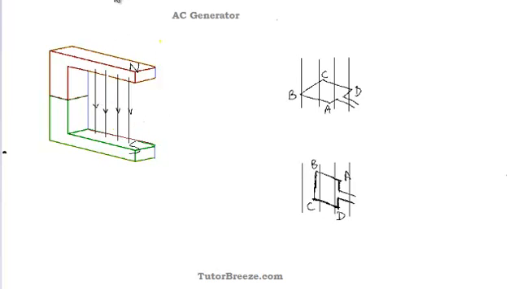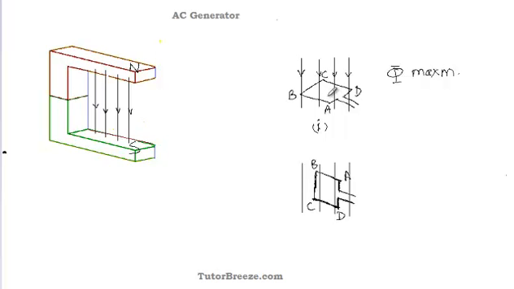Now we place a coil in this field, and say the coil is placed like this. This is the first position. If the coil is placed like this in the magnetic field, which is in the downward direction, the flux linkage phi through the coil is maximum, because the number of field lines crossing the area is maximum.